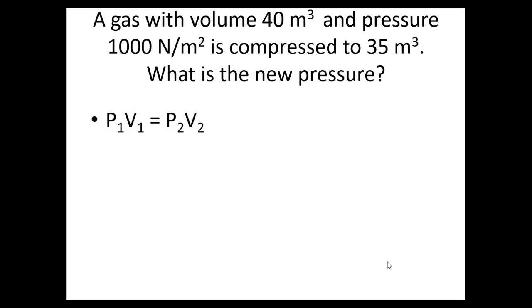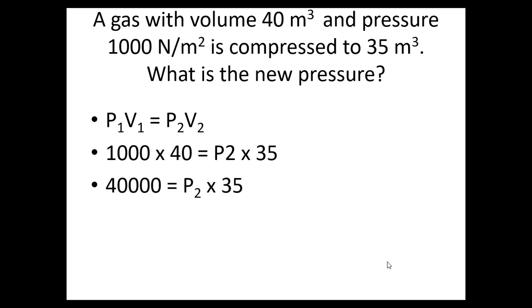So first up, write down the gas pressure volume equation. Then put the numbers in that we know. 1000 times 40 equals P2 times 35. Then simplify it. We've got 1000 times 40, so let's just make that 40,000.